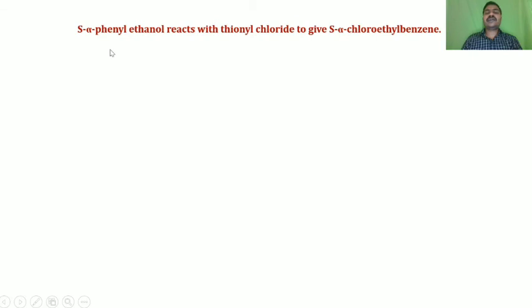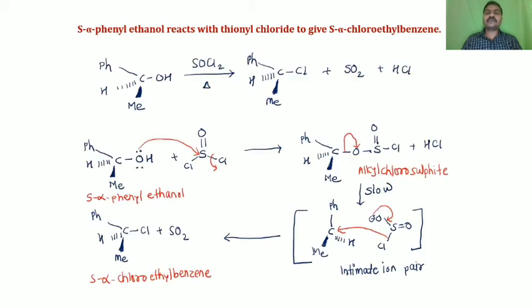S-alpha phenylethanol reacts with thionyl chloride to give S-alpha chloroethyl benzene as a product. Here you can see the configuration of the reactant is S and the product is also S.